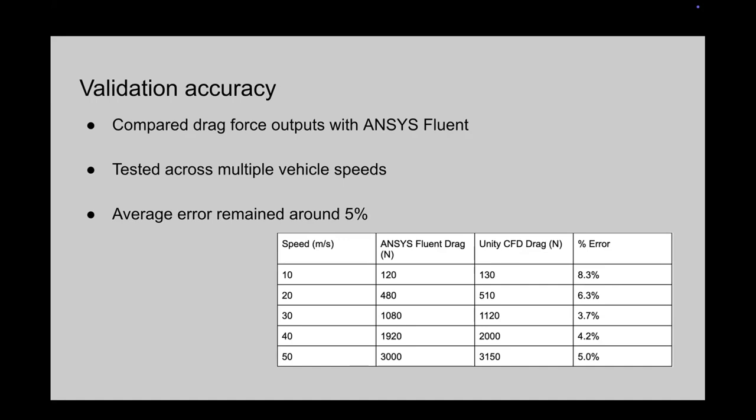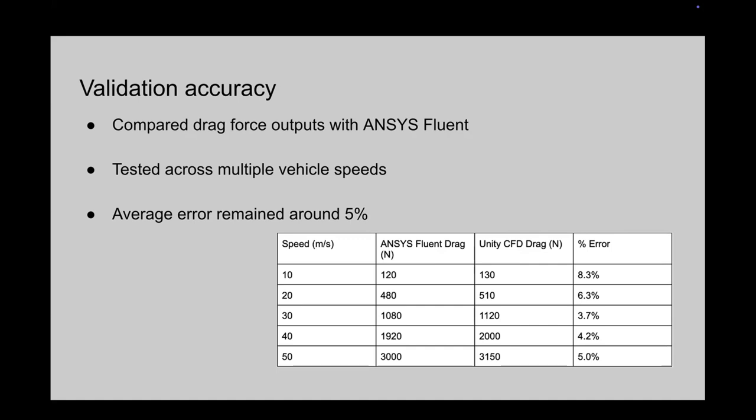If we look at this table of results, as shown in the table, the average error stayed around 5%. We calculated all of them and divided by 5, and it's about 5%.